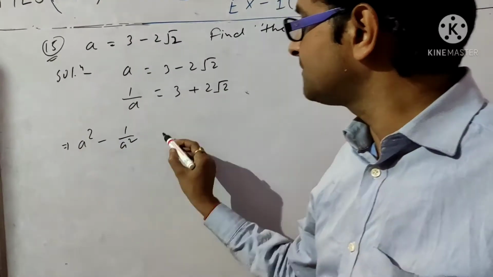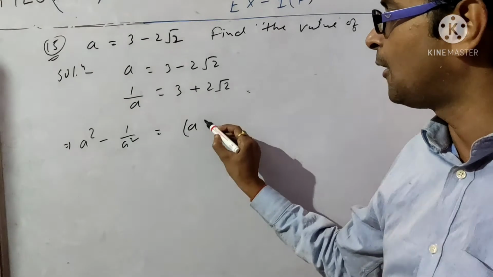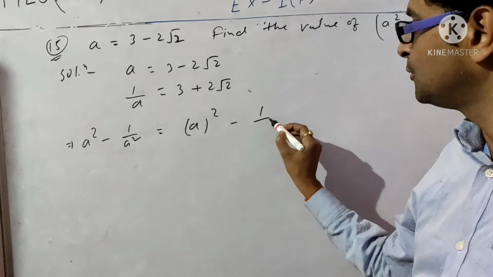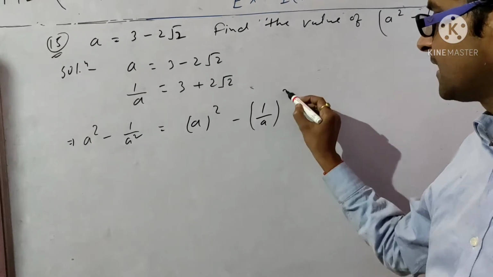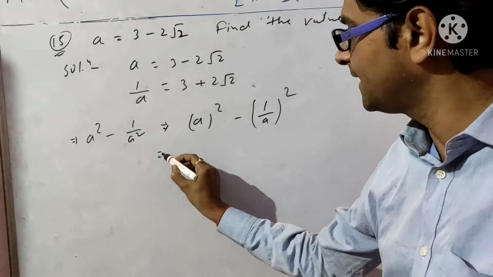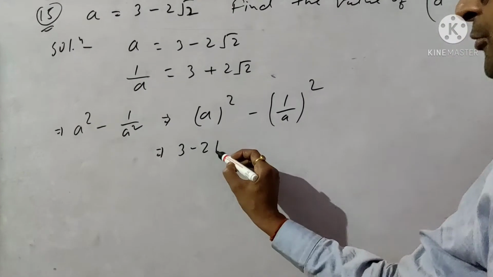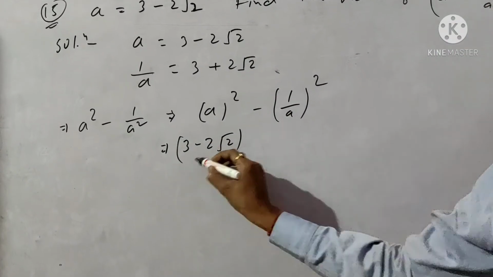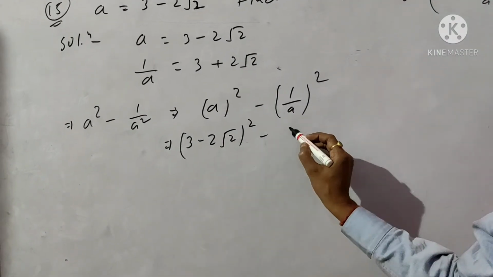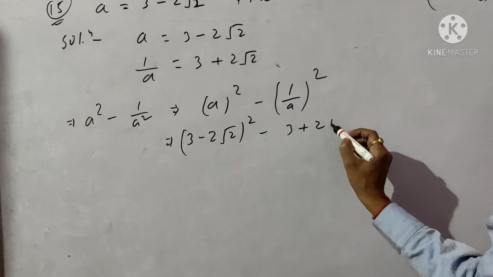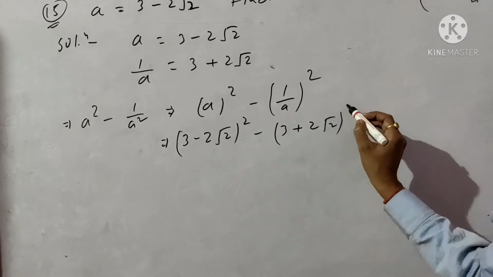This value can be written as (a) whole square minus (1 by a) whole square completely. Okay. So here a square, the value of a is given, (3 minus 2 root 2) whole square minus 1 by a, (3 plus 2 root 2) whole square.